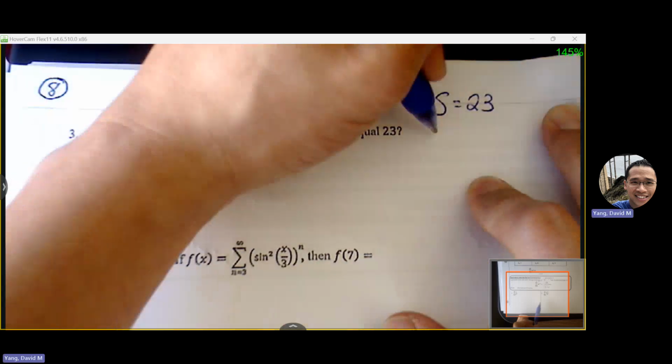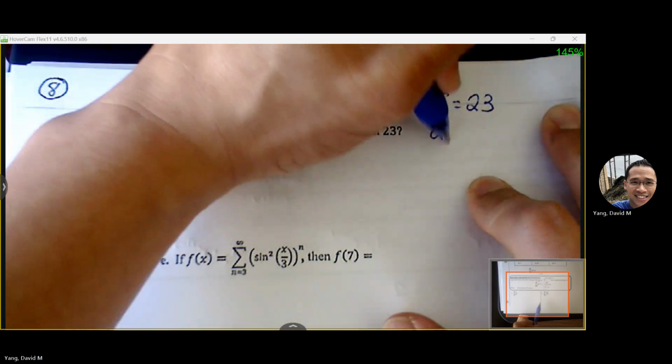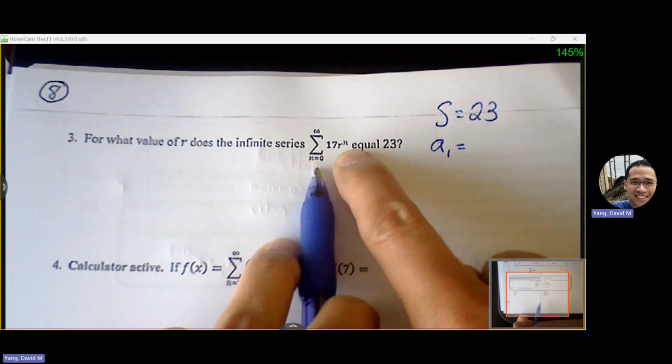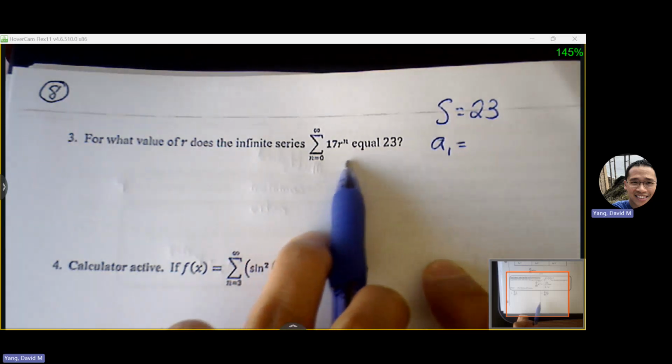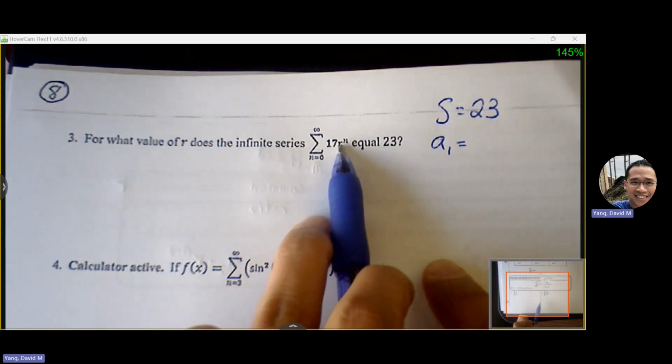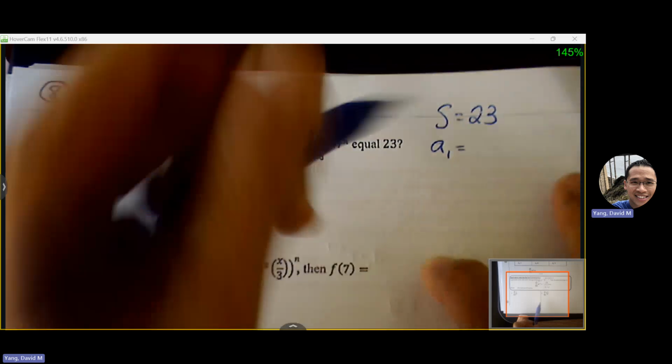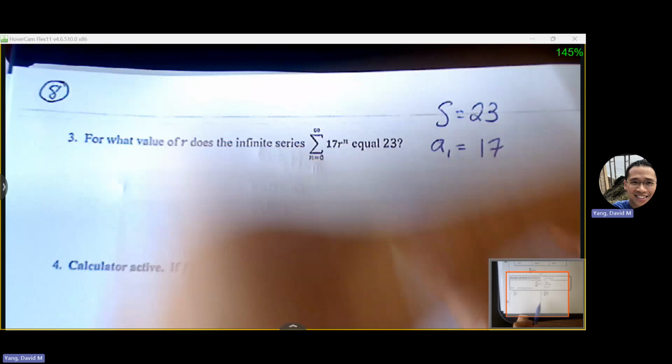We can also figure out what a sub 1 is, because a sub 1 is just going to be the first term if I were to plug 0 in for n. And the nice thing is r to the 0 power is going to be 1. 1 times 17 is 17. So we know a sub 1 is 17.